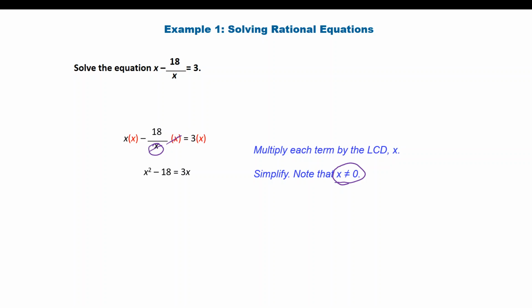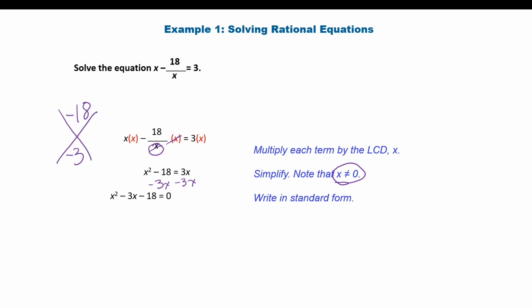Once I have x squared minus 18 equals 3x, I want to set it into standard form, and I'm going to do that by subtracting 3x on both sides, which lets me set it equal to 0. So now I have x squared minus 3x minus 18. The next thing I want to do is factor that. I'm going to find two numbers that multiply together to get negative 18 and add together to get negative 3.